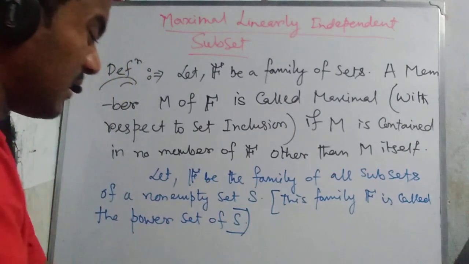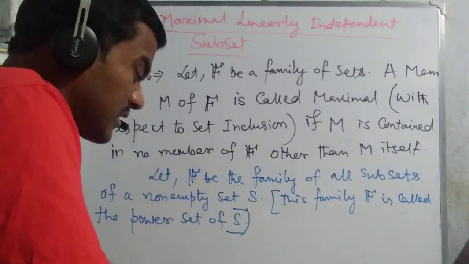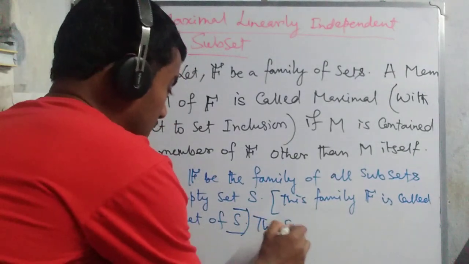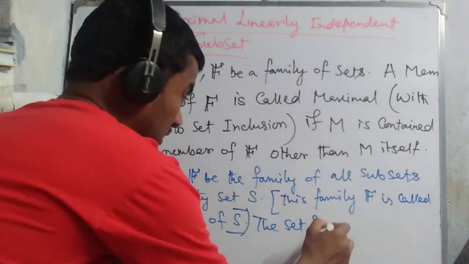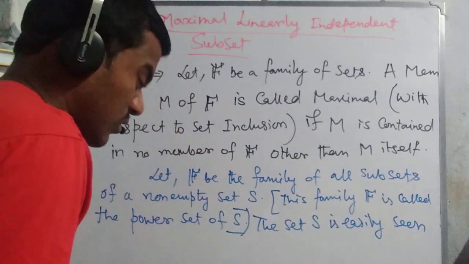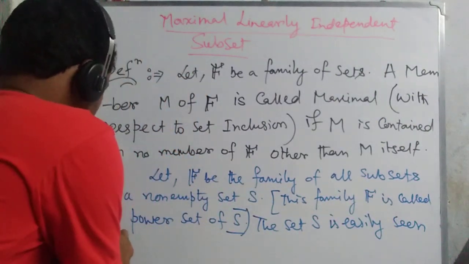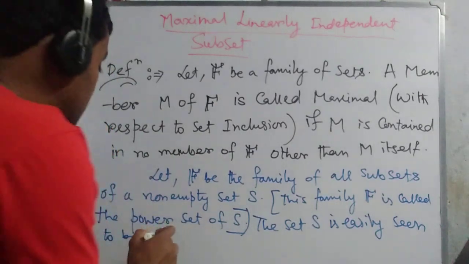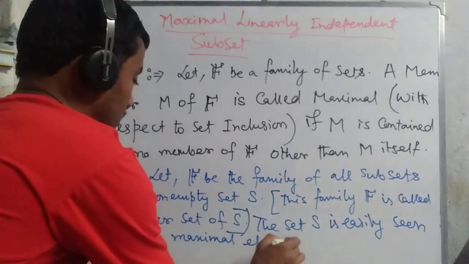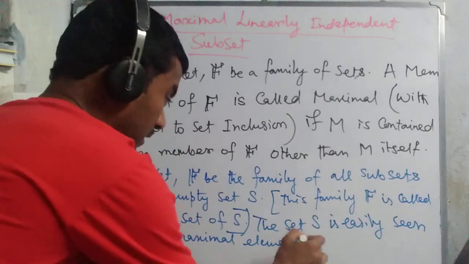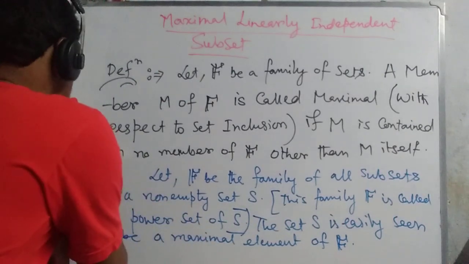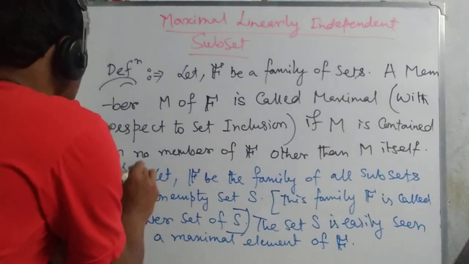Then the set S is easily seen to be a maximal element of F. Understood? That means this is one example of a maximal set.